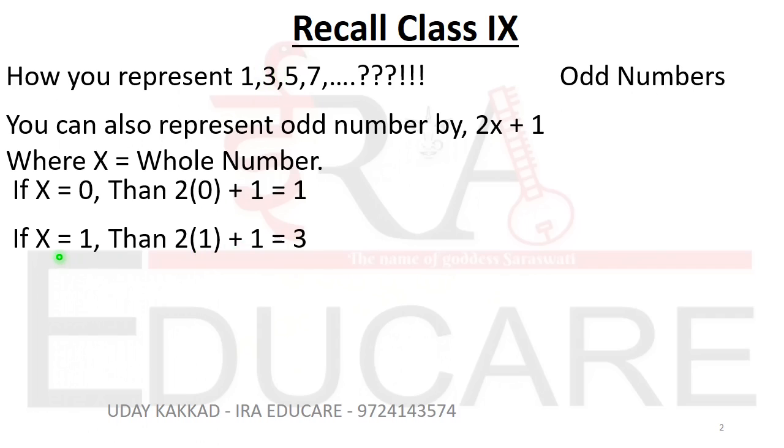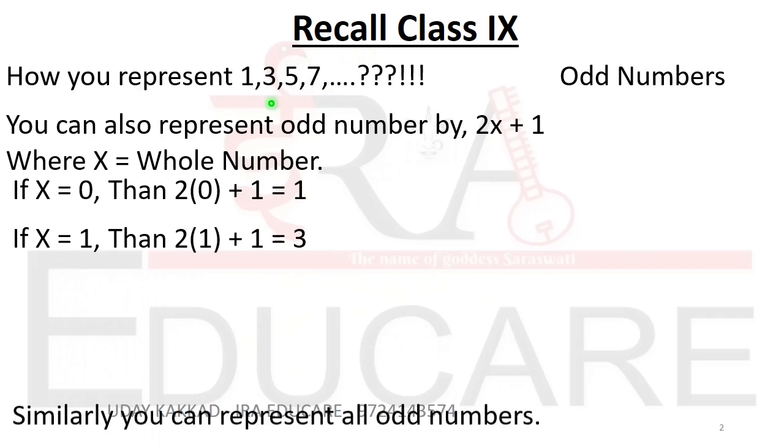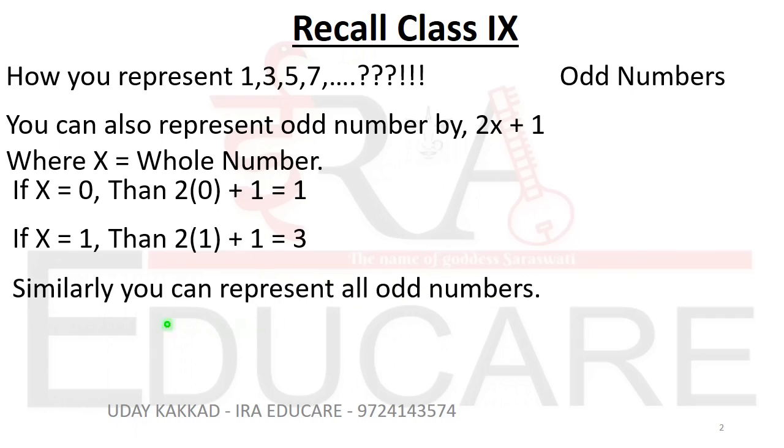Likewise, if x is equal to 2, you get 5. If x is equal to 3, you get 7. Likewise, you can get the whole odd number series, right? So like this you can represent all the odd numbers.